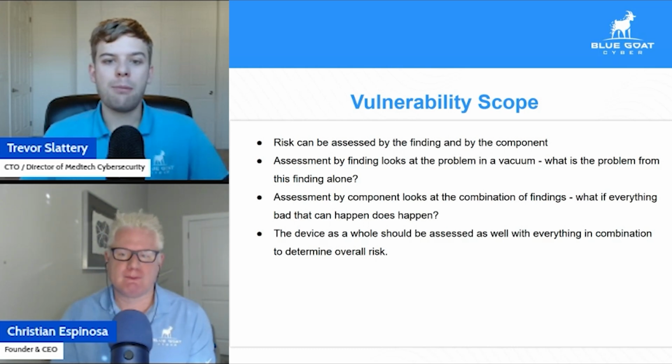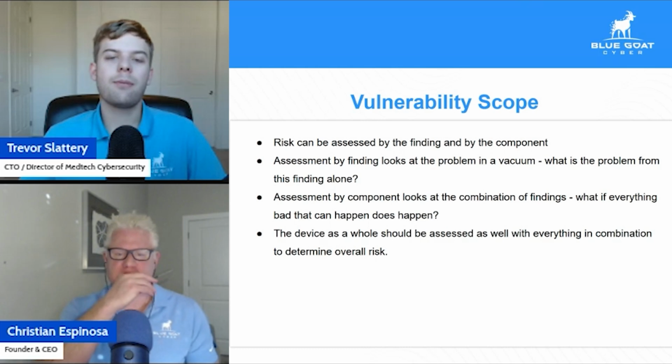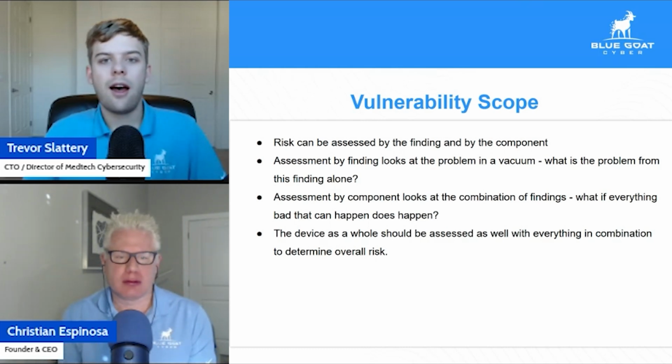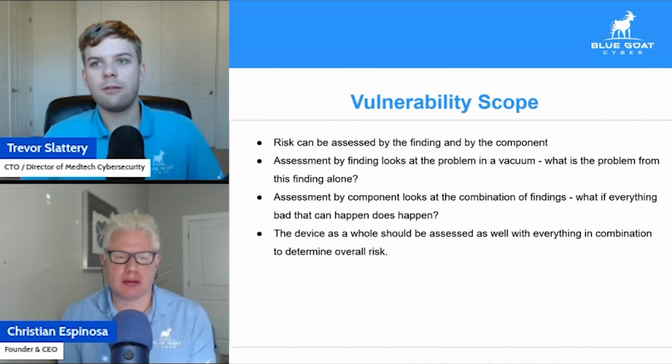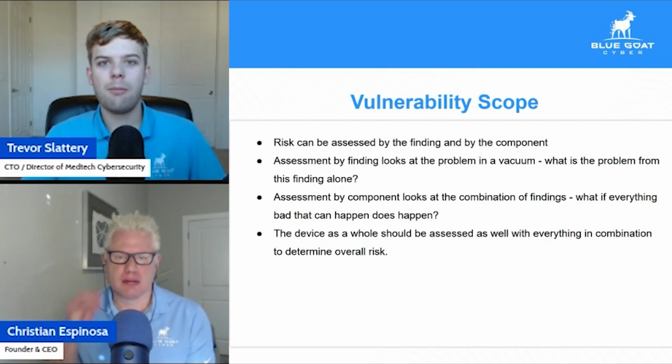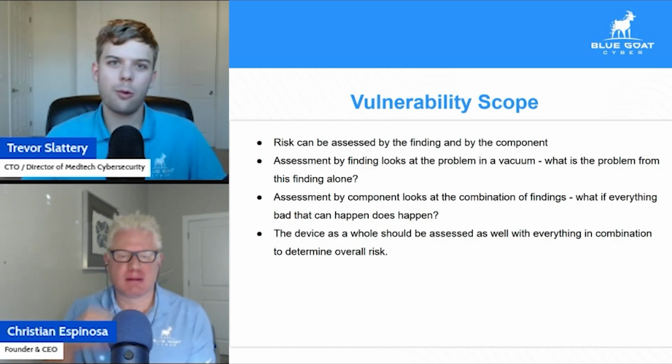Now, when we look at a component at the combination of findings, we're looking at a single functionality with every single finding involved. This could be, let's say there are a couple problems in a login page. Problem one is there's no rate limiting, so you can do as many login requests as you want. Problem two is their password requirements are weak, so you only need 6 characters and they have no other rules.